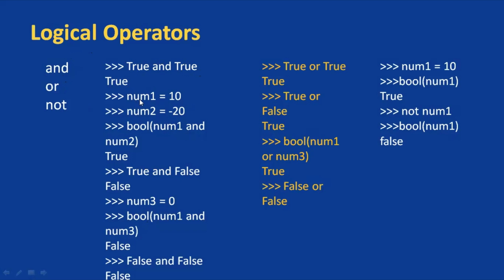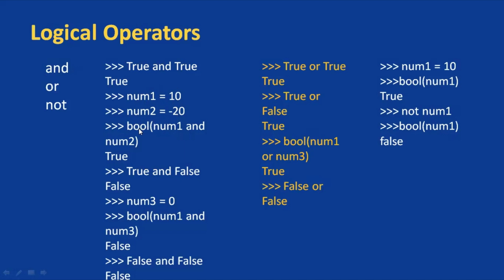The first line I have given is num1 equal to 10, num2 equal to minus 20. These num1, num2 are two variables. First variable I have given 10 and the next variable I have given the value minus 20.